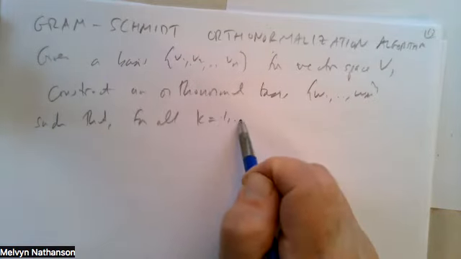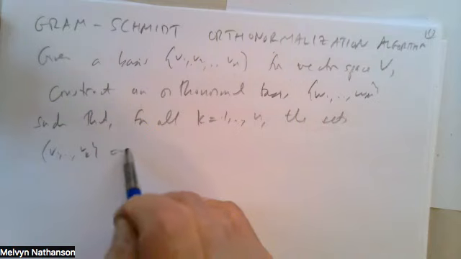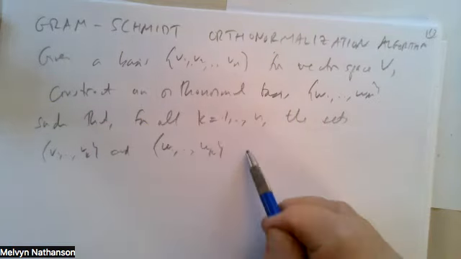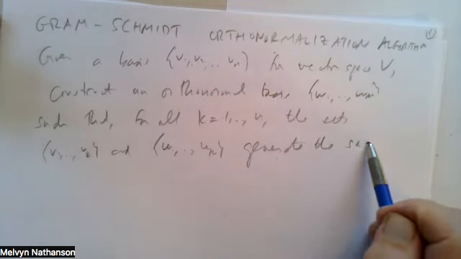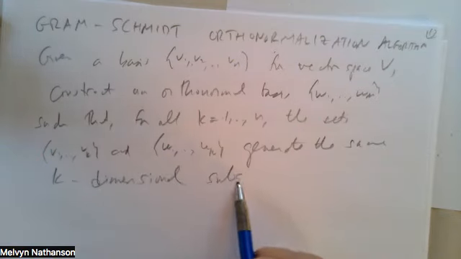for all k going from 1 up to n, the sets V1 up to Vk and W1 up to Wk generate the same k-dimensional subspaces. So we've basically already done all the work.